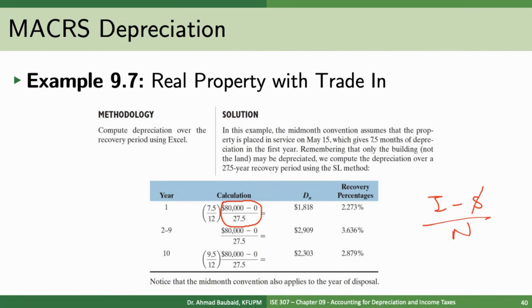In the year in which he sold it, he started from the beginning, and he sold it in October. So he owned it for 9 full months until the end of September, and then the half month in October because of the half month convention. And therefore, I have to multiply by 9.5 divided by 12. Only in year 10 and in year 1. All the middle years, I can just apply this formula as is, and I'm good to go.